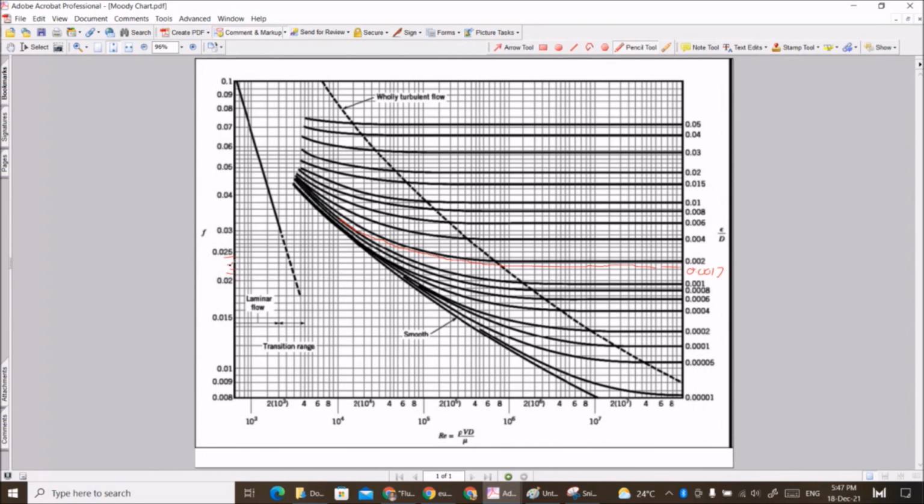So 21, 22, 23, 24, 25. So we'll assume f is equal to 0.022. Okay, so this line will come along with this line until that curve.